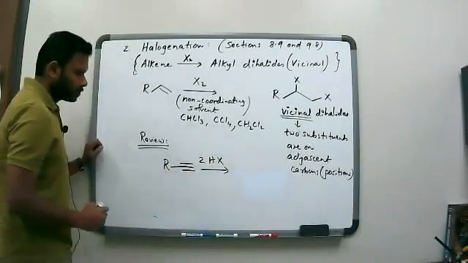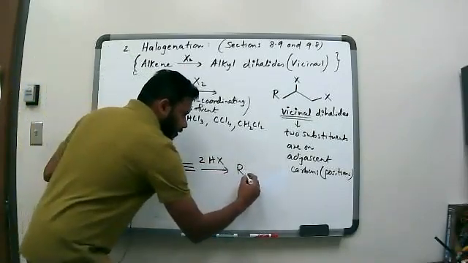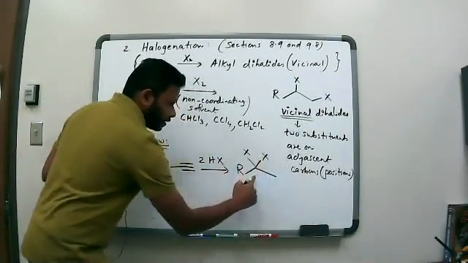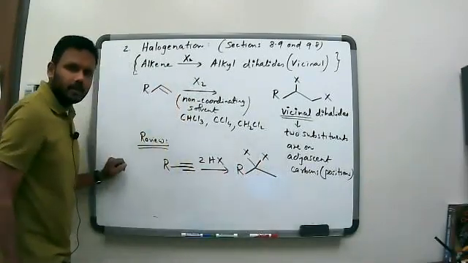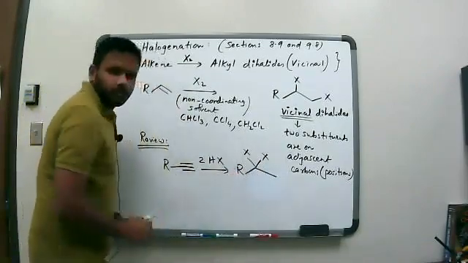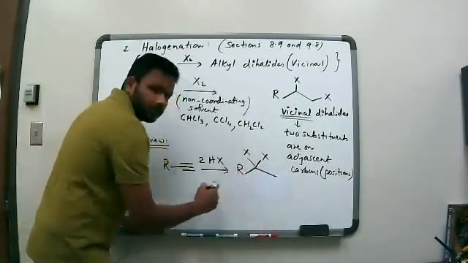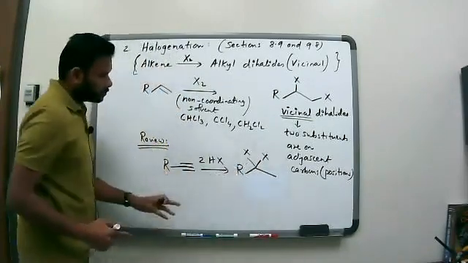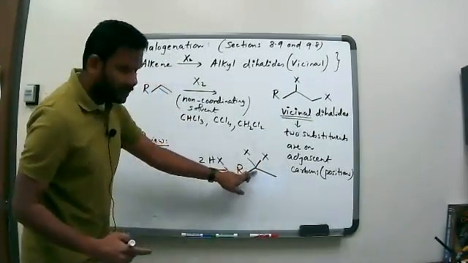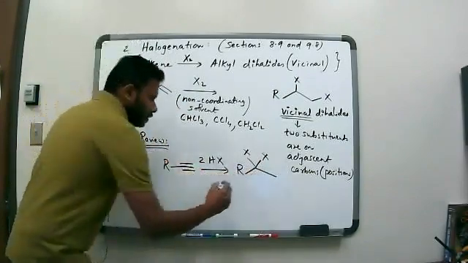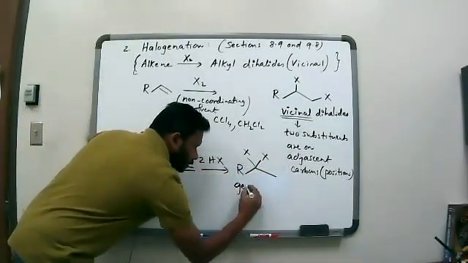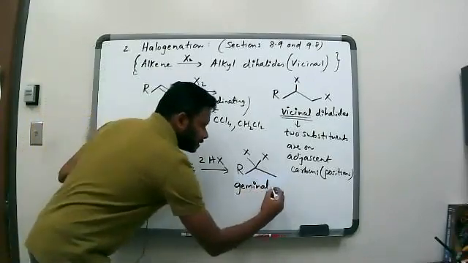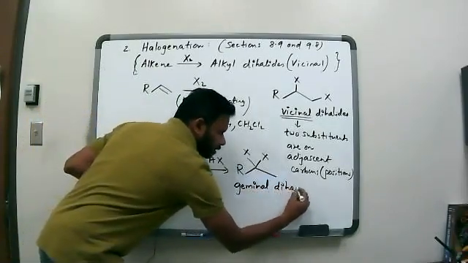When you do this, you get an alkyl dihalide, okay? In this case, though, both substituents are on the same carbon atom, okay? And this substitution pattern is called geminal, okay? So this is a geminal dihalide.